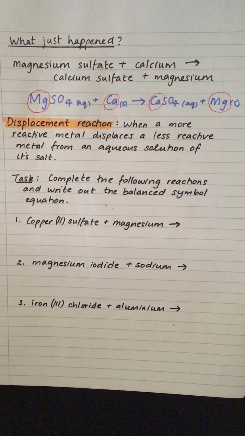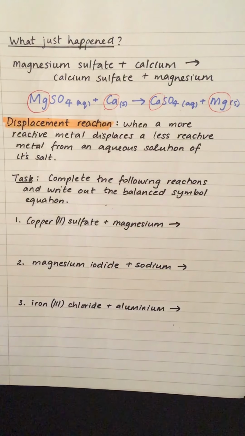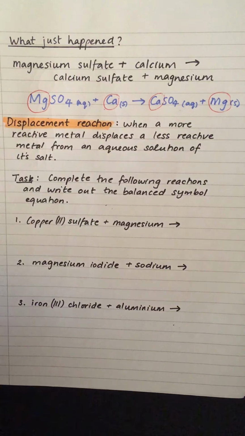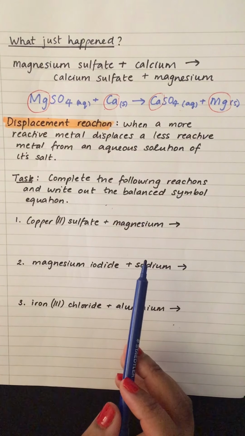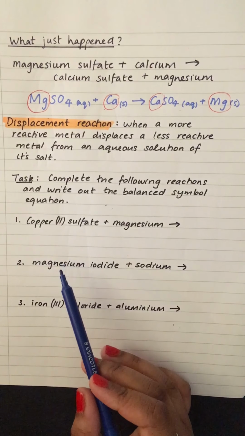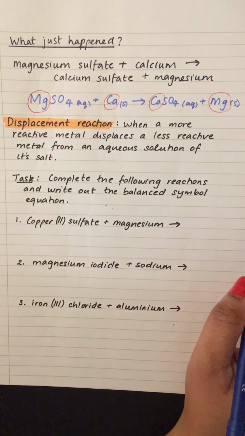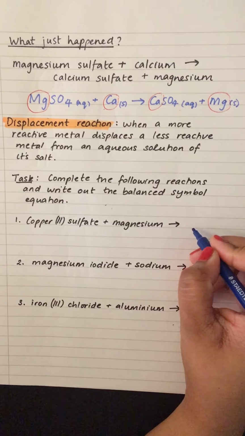Right, let's have a go at these. Okay, so what we've got here is copper sulfate plus magnesium. Now we can see from our reactivity series from earlier on that magnesium is more reactive than copper, so the magnesium will displace the copper and instead we will form magnesium sulfate and copper, right?